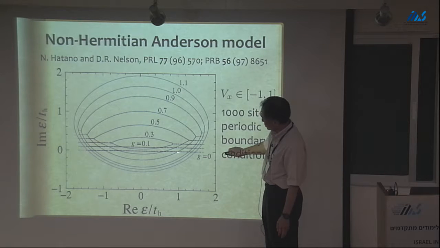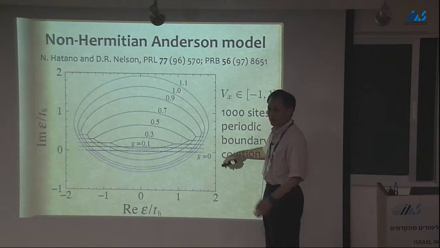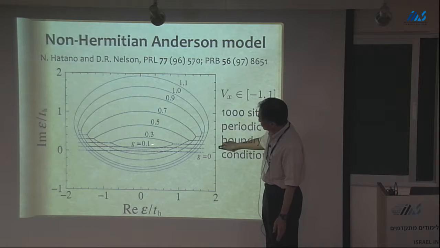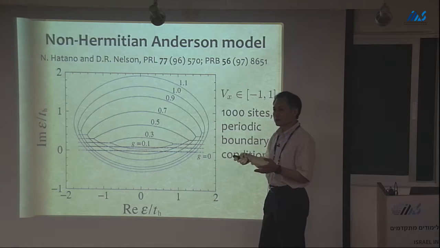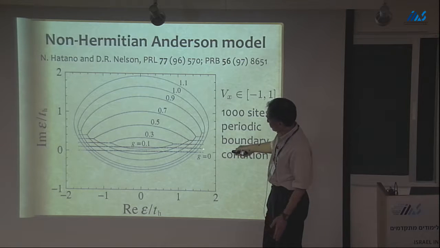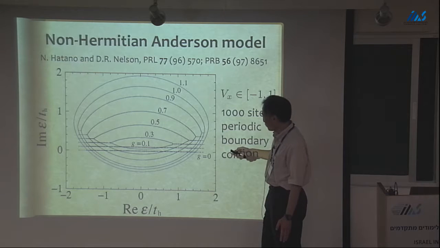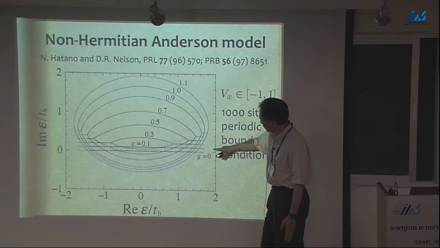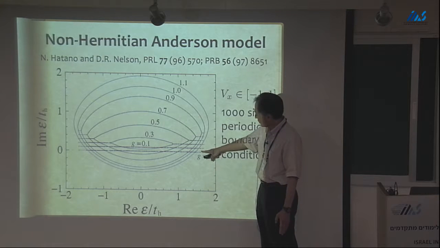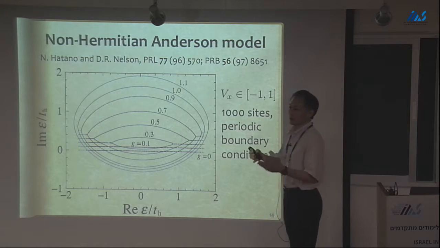Here is g equals 0, so this is a Hermitian random model. If I introduce just a small g equals 0.1, the model is already non-Hermitian, but you can see that still all the eigenvalues are real. In fact, if we compare them in detail, the eigenvalues are almost identical within numerical precision.